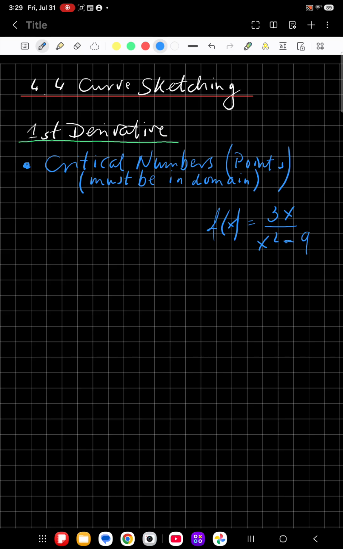There are two numbers that are not in that domain, the numbers that would give me 0 in the denominator. That would be 3 and negative 3. Those two numbers cannot be critical numbers, critical points, because they're not in the domain. So what are those critical numbers?